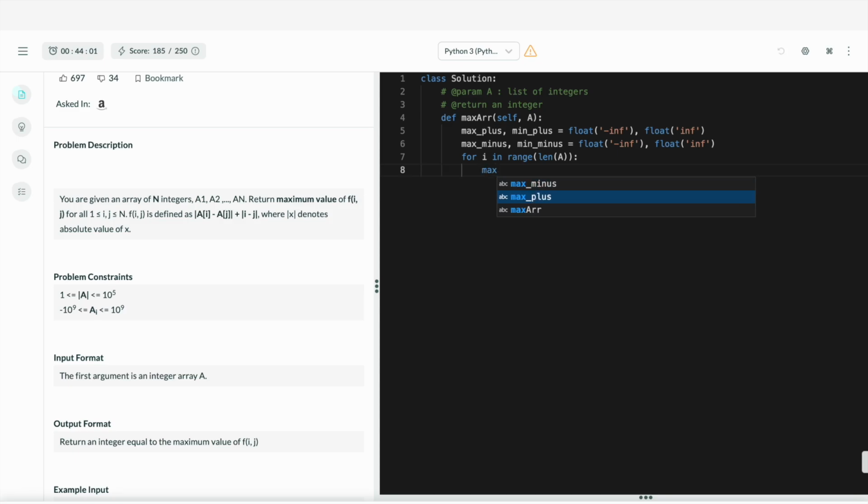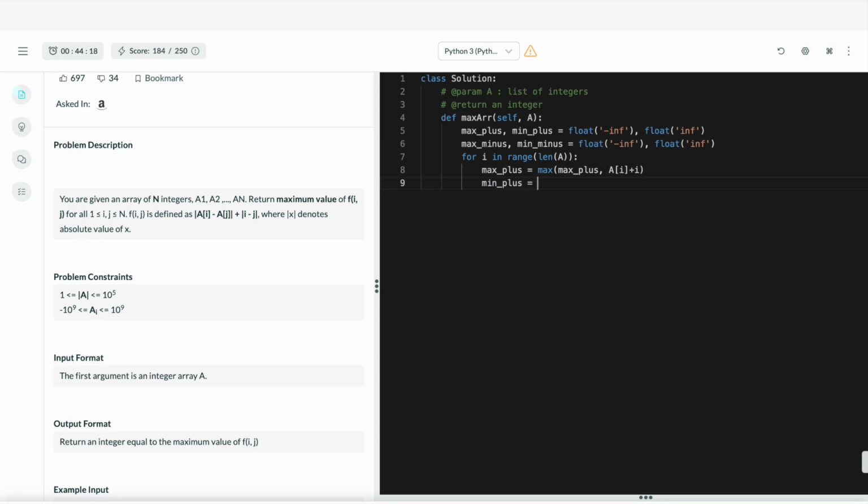We find max plus equal to max of max plus and a[i] plus i. Sorry, we'll say the min plus first.